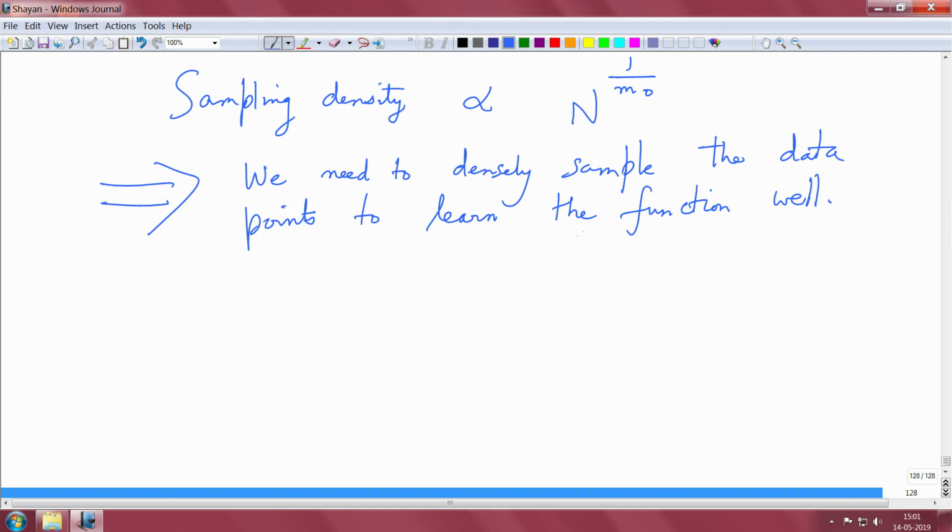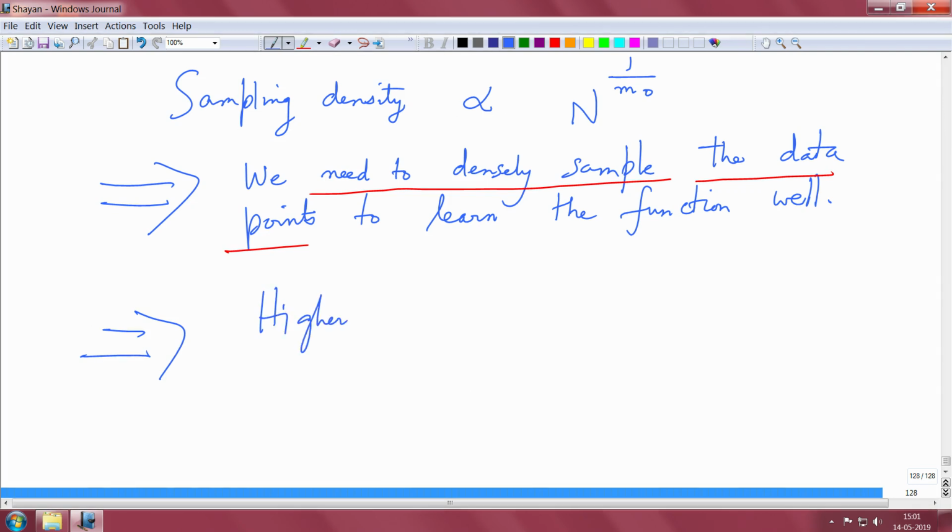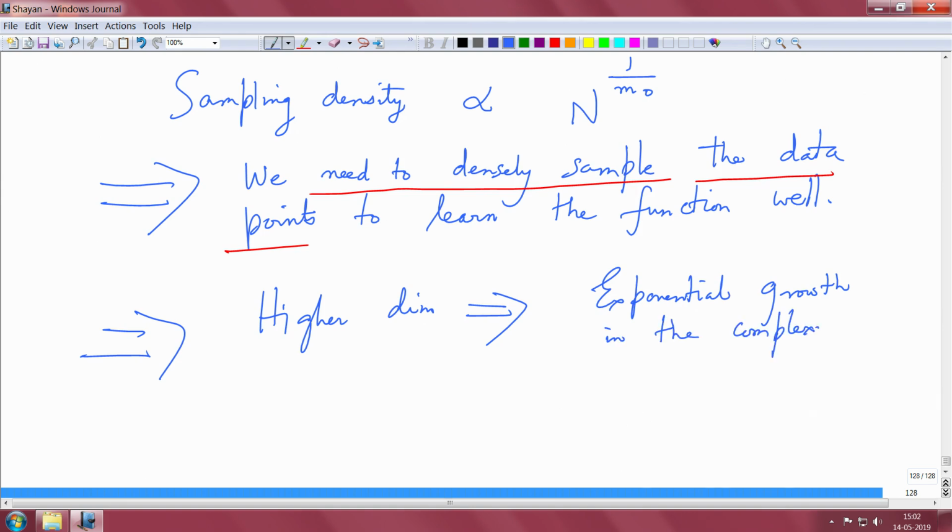To learn the function well, I need to sample the data points from higher dimensions, and at the same time, higher dimensions implies exponential growth in the complexity of the network or algorithm or whatever we want to call this here.